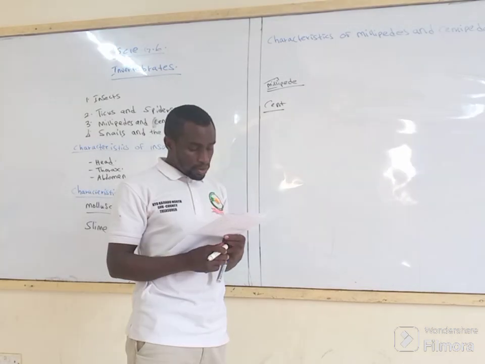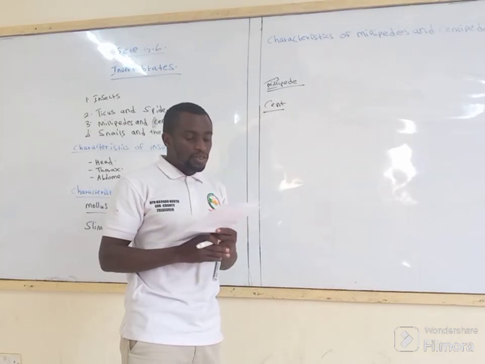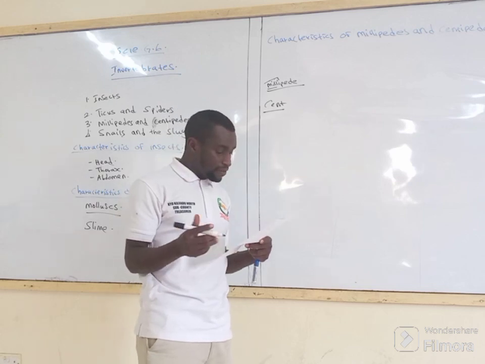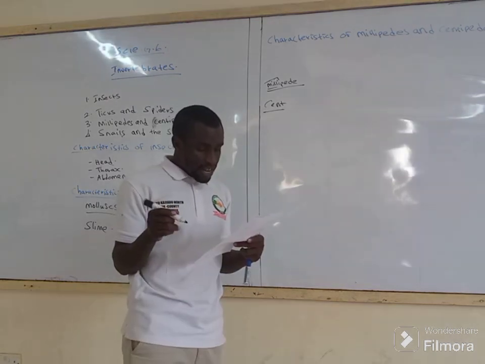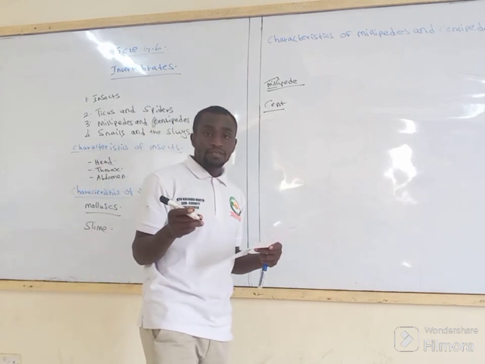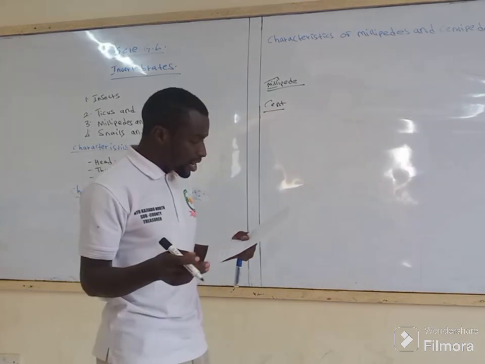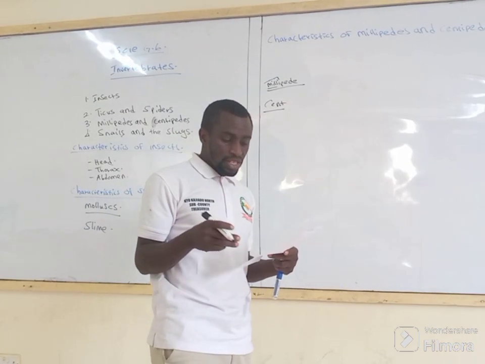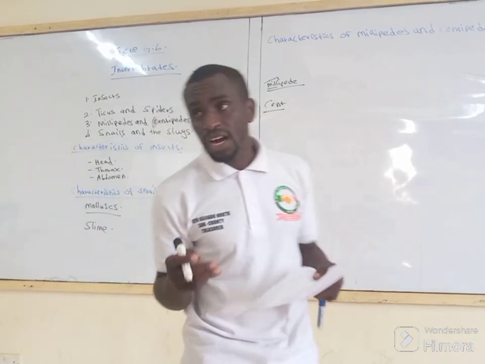Then lastly, let's look at the characteristics of spiders and ticks. The first one, their bodies are divided into two body parts. Next, they have 8 legs which are jointed.